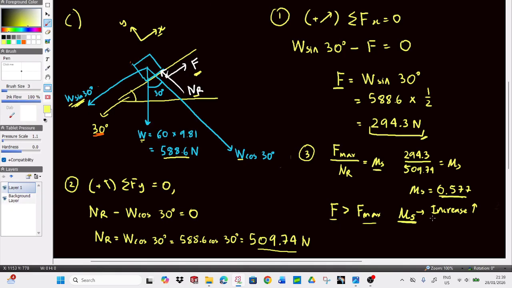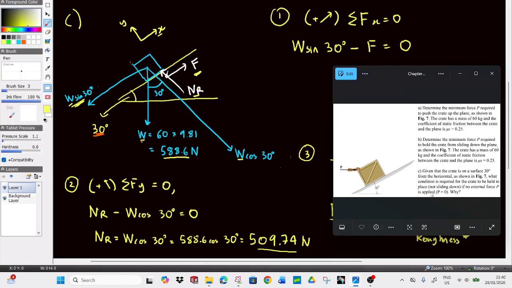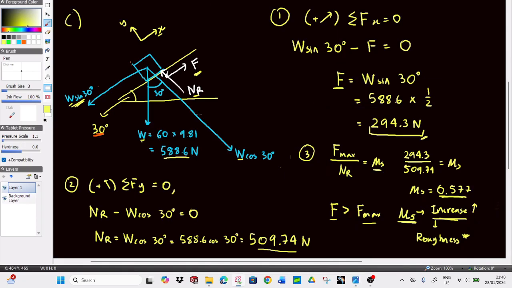And how do we increase this coefficient of static friction? Of course, by increasing the roughness of the surface itself. Another condition: if they didn't mention the angle in this part of the question, then you can also play with the angle itself, which will affect the coefficient of static friction, and this in turn will allow the box to stay stationary.